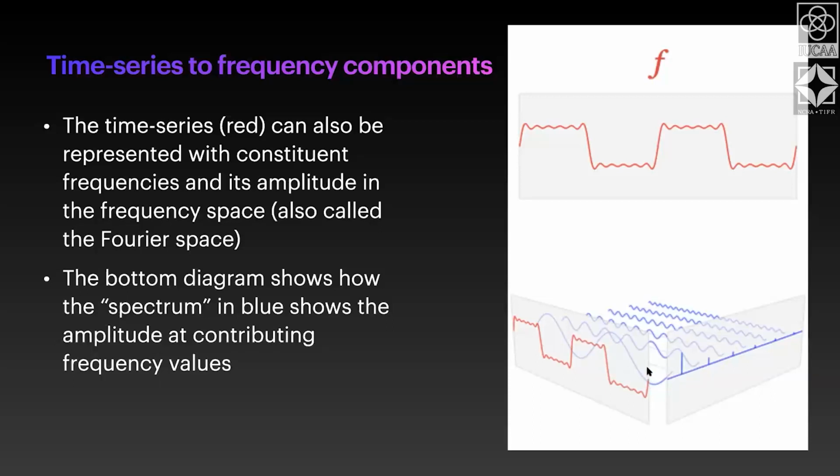But because we have this set of frequencies, sine curves that are reproducing the function, you can also plot what frequencies contribute how much towards it. So essentially, the amplitude of the frequency that is contributing.